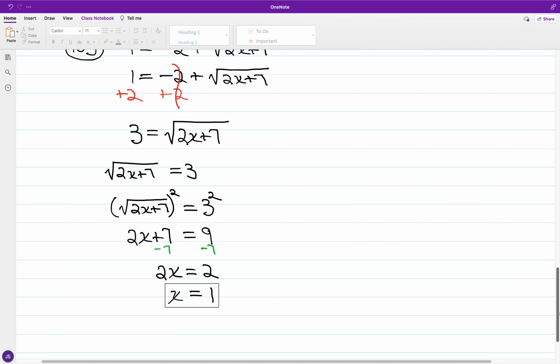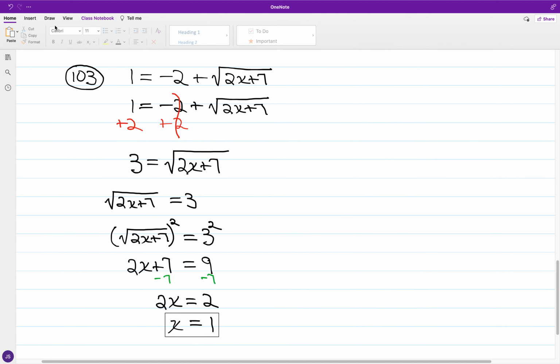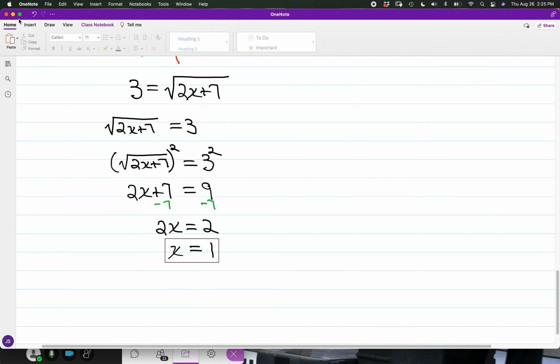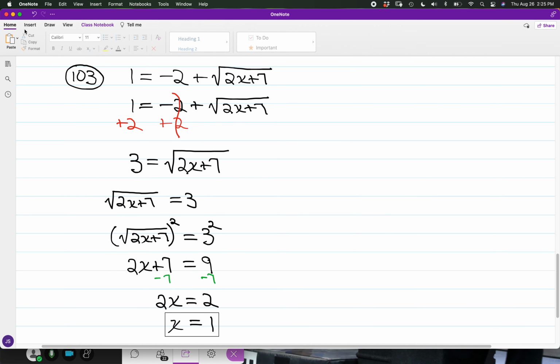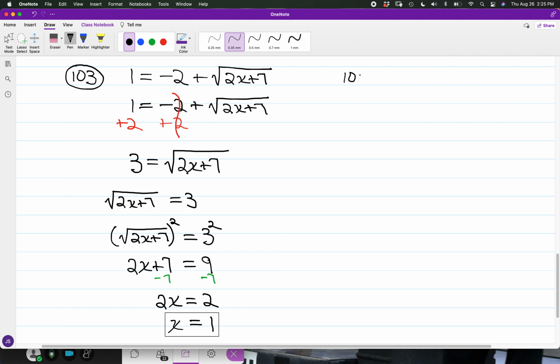Alright, so this is a case of a radical equation that has x appearing once. Now, if we look at 104, we have also the variable x, so we had that 6 is equal to 9 plus the square root of 5 minus 3x.